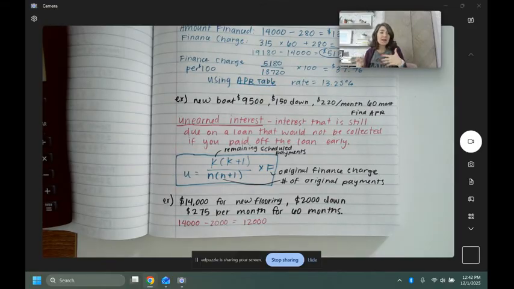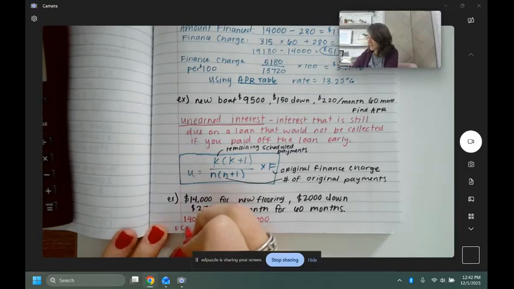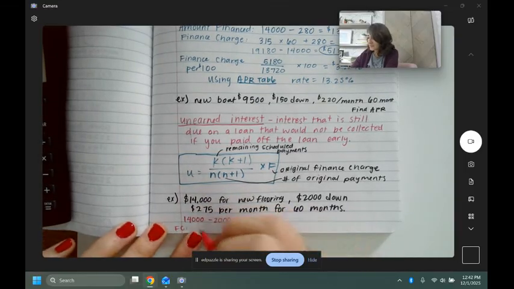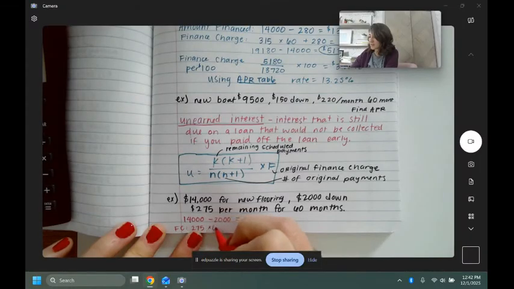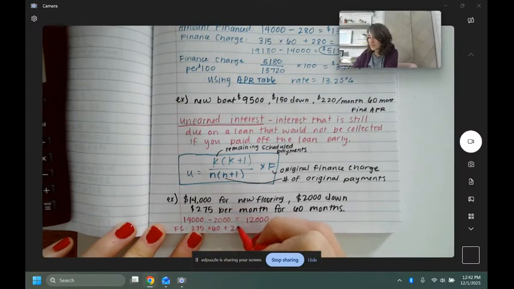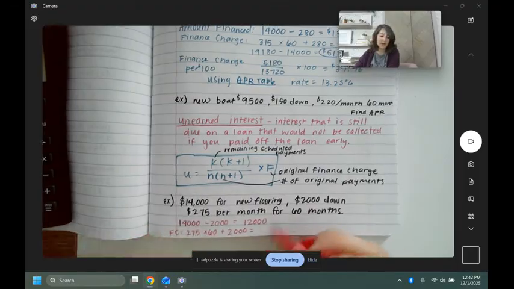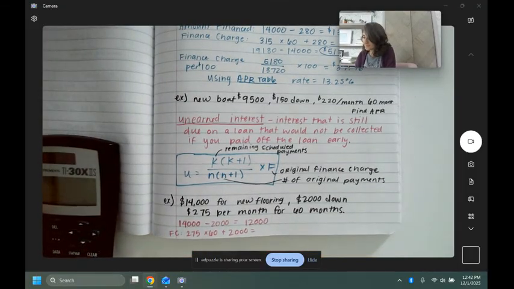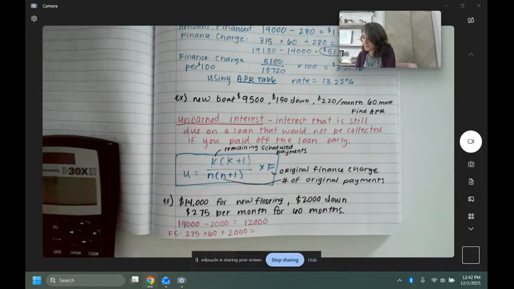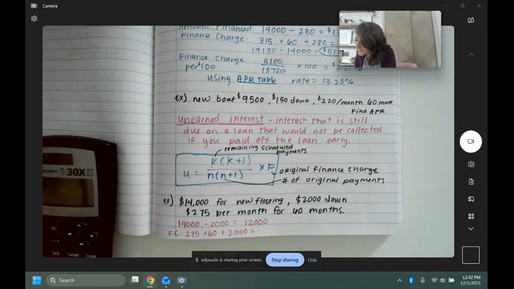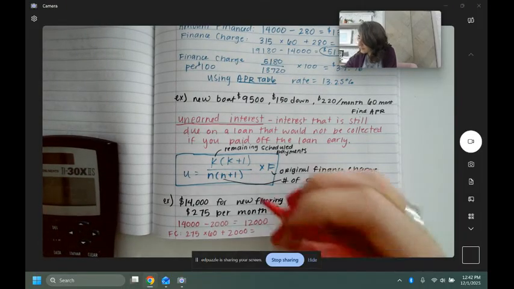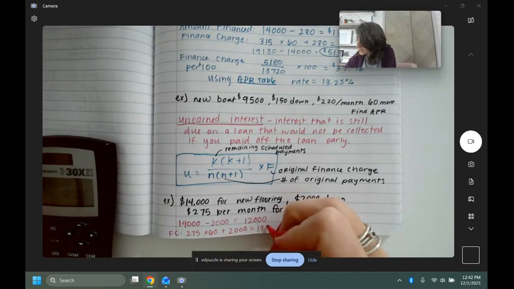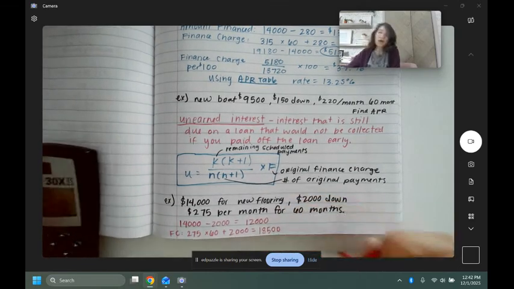And then my total, $275 times 60 months plus the $2,000 I paid for a down payment, is $18,500.